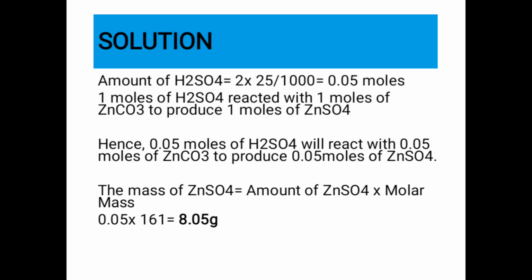Do well to take more questions on mole ratio. We did calculations on mole ratios too. Do well to take more questions on mole ratio, percentage yield, and of course stoichiometry conversions.